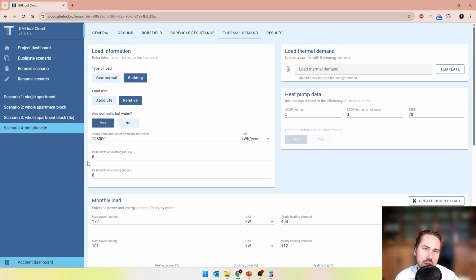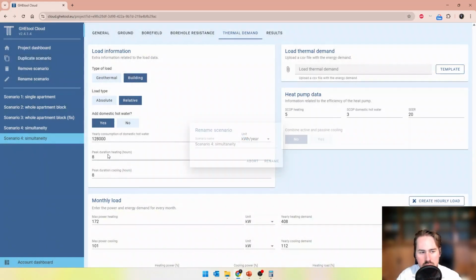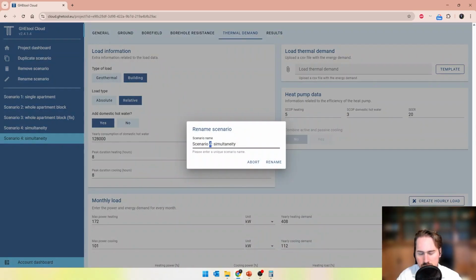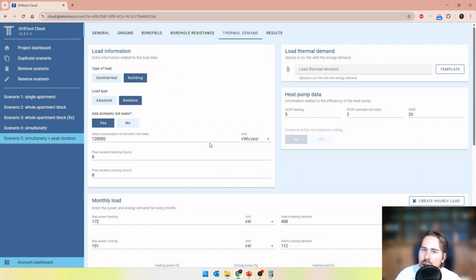But when we go to a simultaneity factor, this peak power duration increases. So this is not really an accurate simulation, because if we have 80 apartments, we lower the peak power by 63%, but it will of course have a higher peak duration. So for a fifth scenario, we will have a higher peak duration.